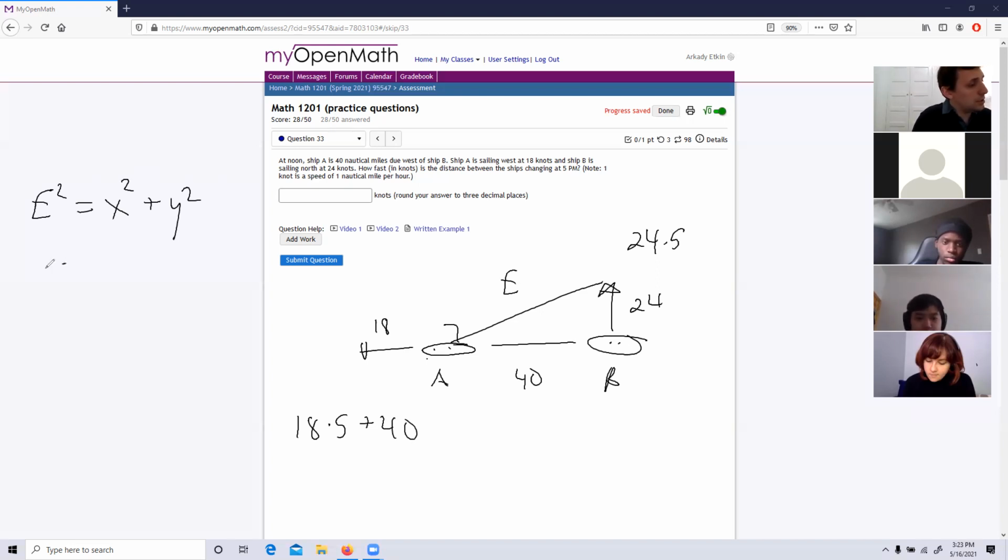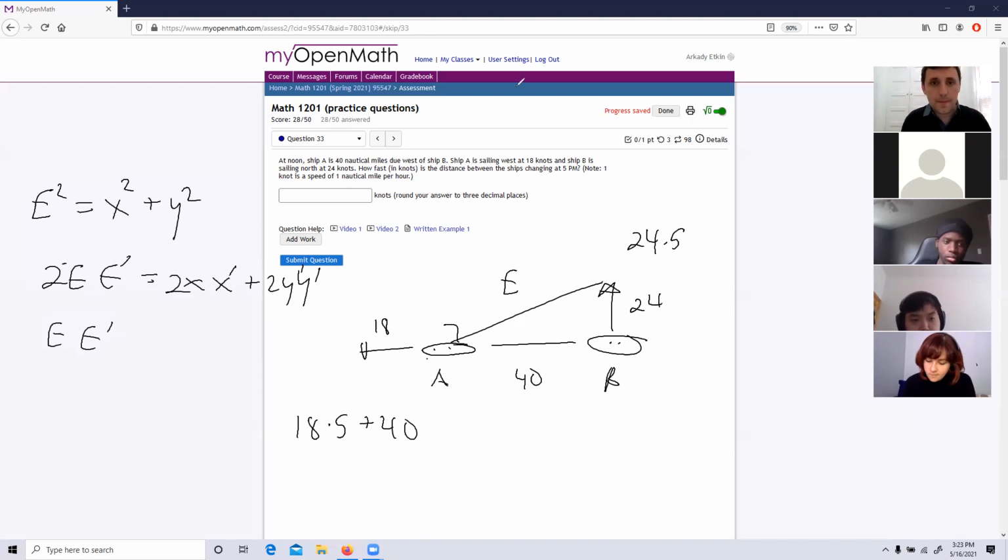So 2e e prime is 2x x prime plus 2y y prime. So basically e prime is x times x prime plus y times y prime, divided by e. Yes?